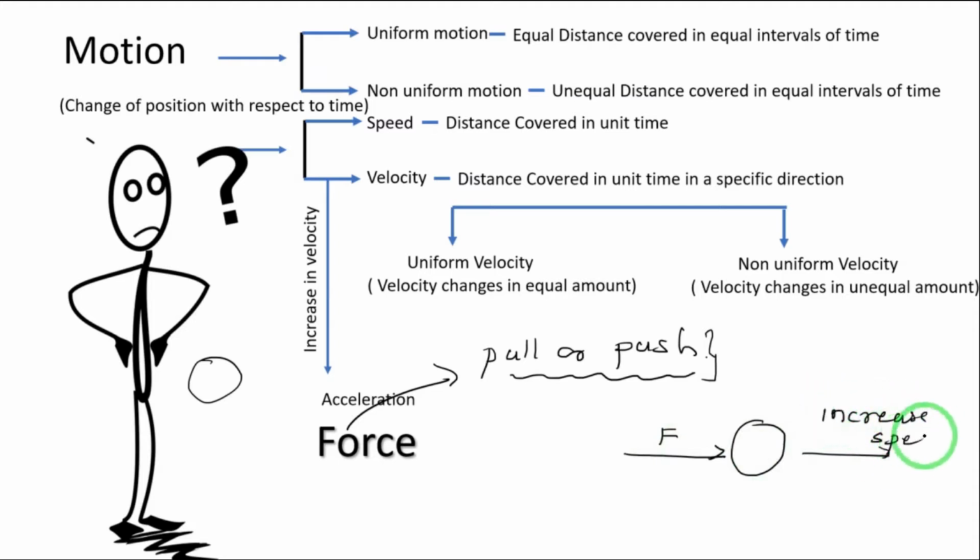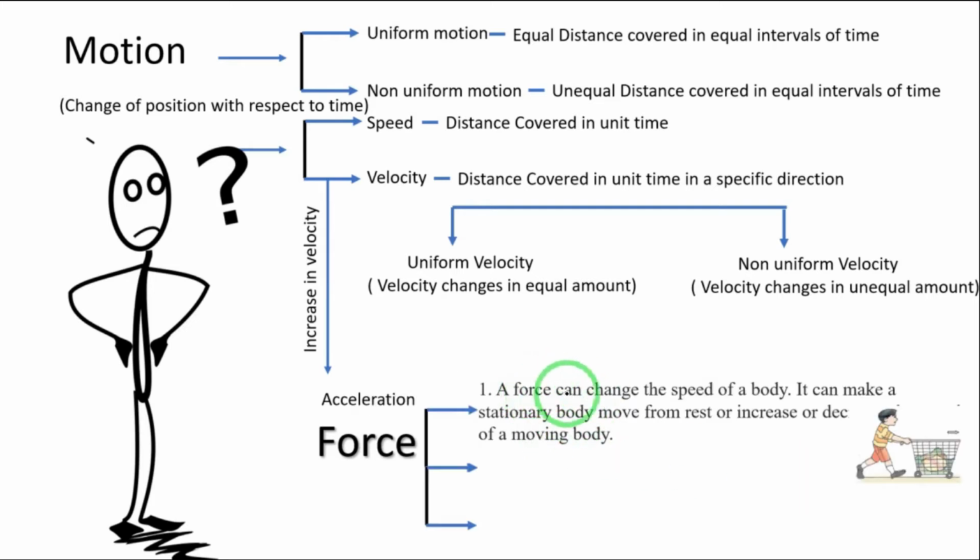So the first effect of force is that force can change the speed of the body. It can make a body which is at rest move. It can make the stationary body move, or increase or decrease its speed.